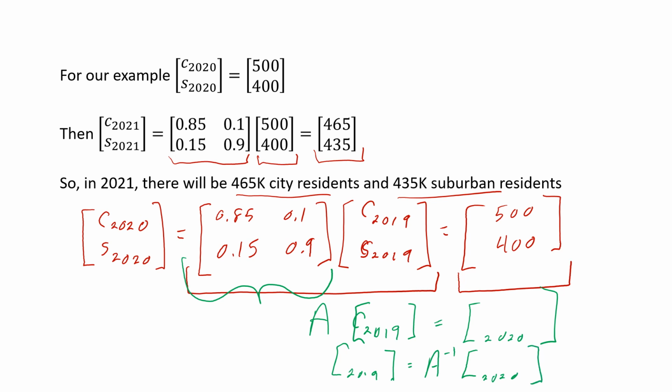And then it's a matrix multiplication once you find the inverse. Once you have that inverse, then you can use that to easily calculate what happened in 2019, what happened in 2018, what happened in 2017, and so on. You can start to reach back into the past. And you can do it a lot easier than solving that system of linear equations for every single year.